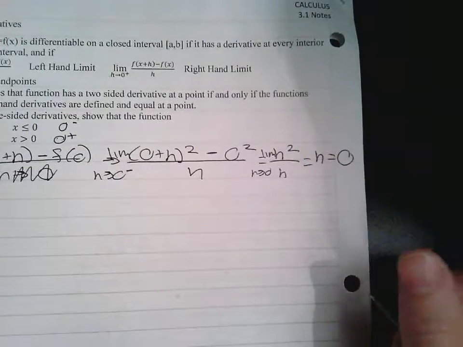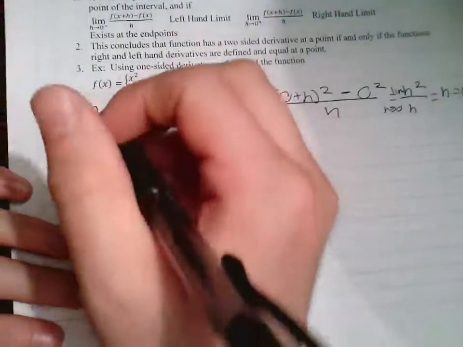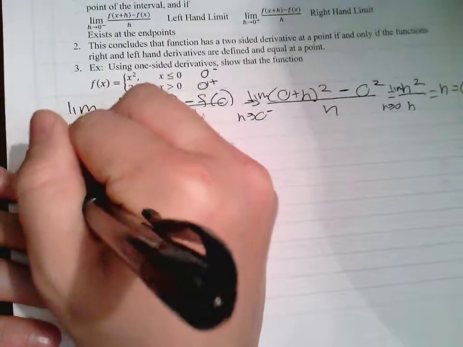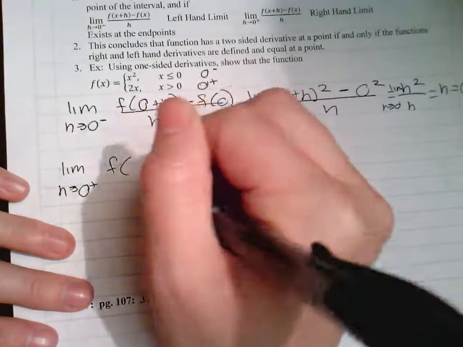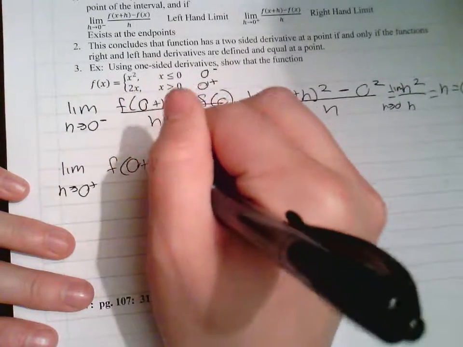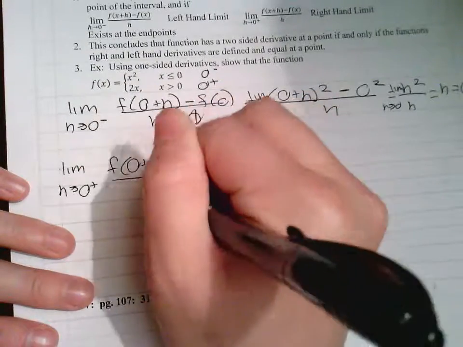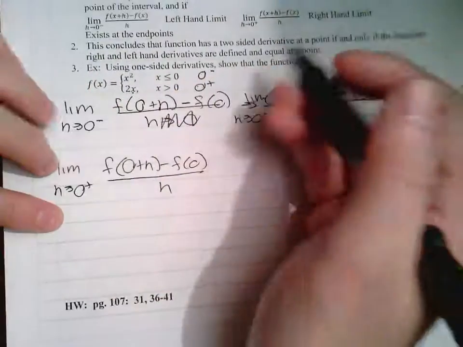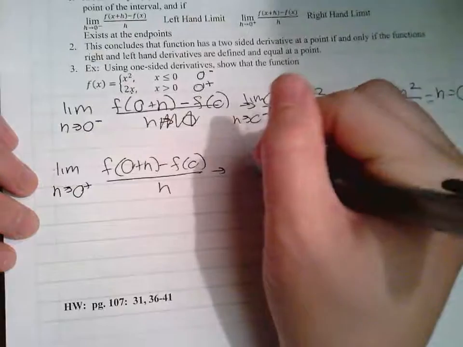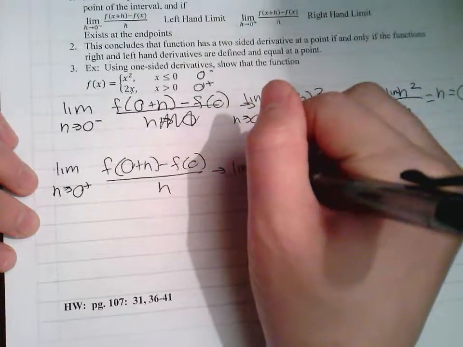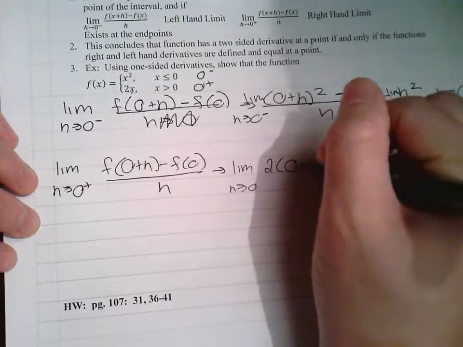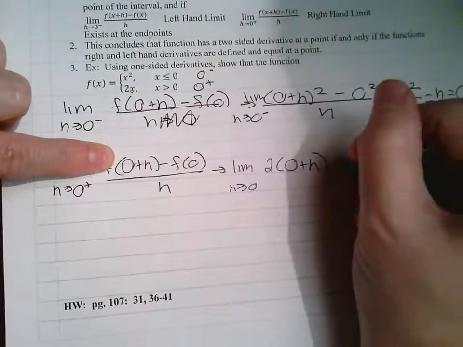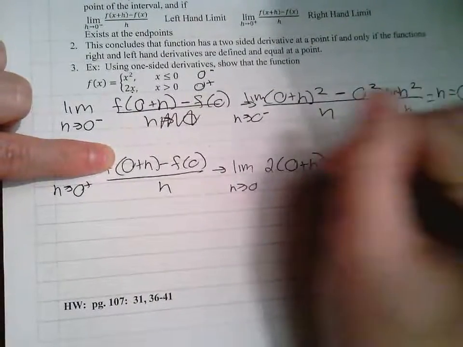Now we're going to try this one. So the limit as h approaches 0 from the right-hand side of f of 0 plus h minus f of 0, over h. Now we're looking at 2x, so it's the limit as h approaches 0 of 2 times 0 plus h, minus f of 0, over h.